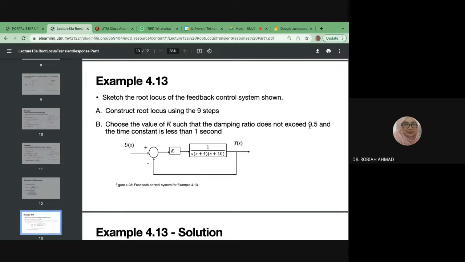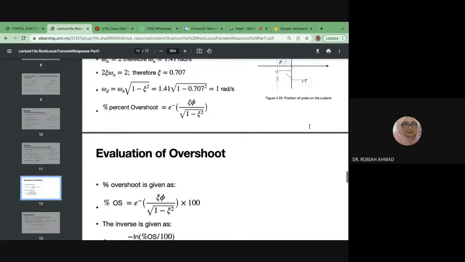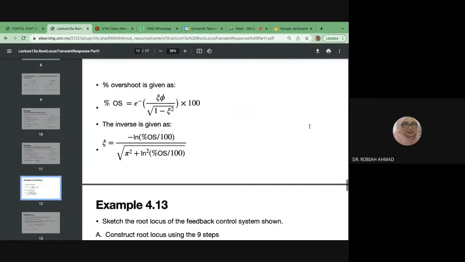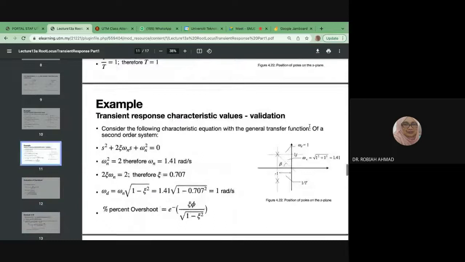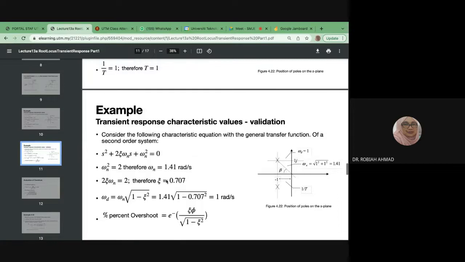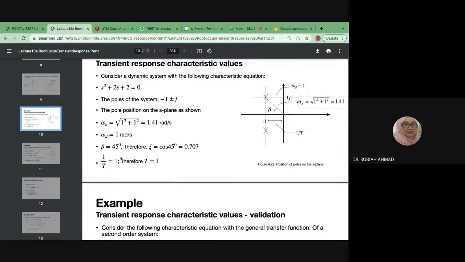What does it mean damping ratio does not exceed 0.5, class? Hello? What does it mean damping ratio does not exceed 0.5? We know from the damping ratio, what can we get? We can get beta.